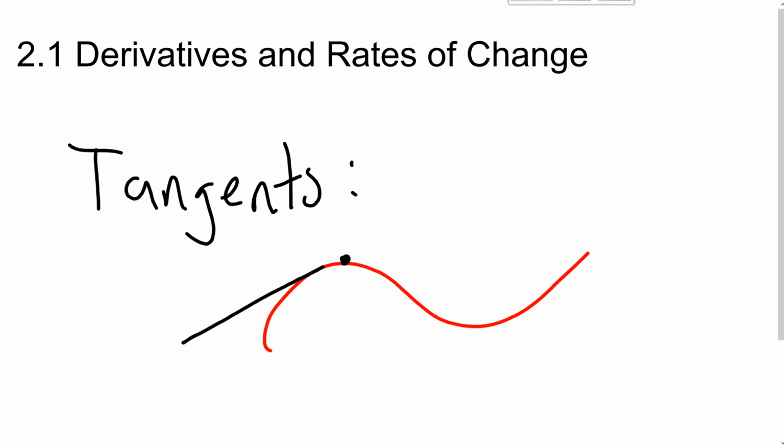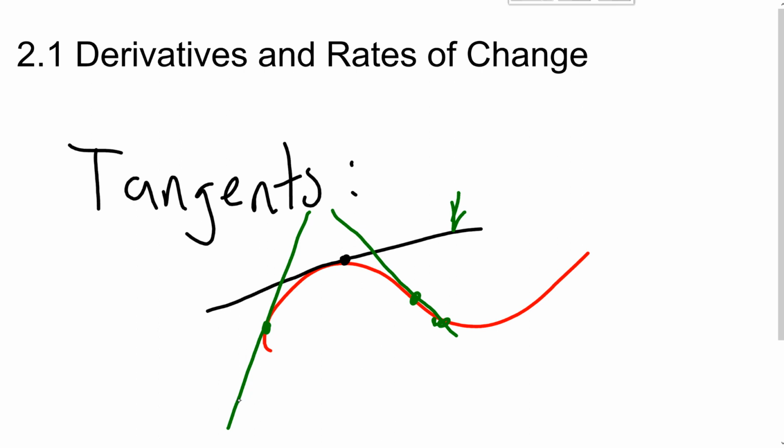I kind of touched it twice there, but maybe it touches it once. So you might think, well, if I put a point right here, maybe that will be it, right? But no, it's going to cross. So it would just be that one. As long as it doesn't cross twice, that would be a tangent, like right here. And so that would be a tangent.